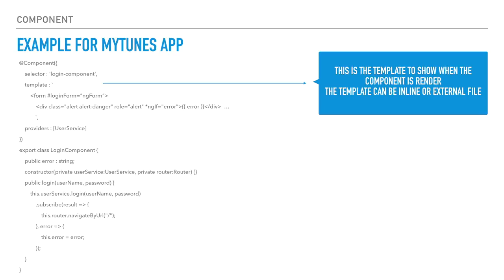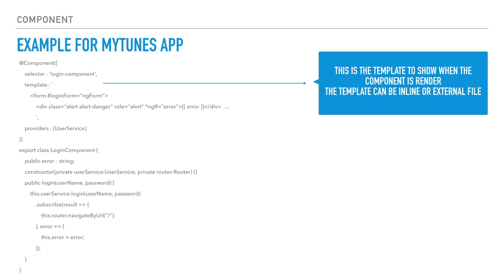So it's not needed to put the HTML inside our component. We can host it in an external file, and then Angular will be able to retrieve this template. During this course, we will put the template inside the component just for simplicity, but in a production application, probably it's better to host this outside, depending on the size of the template also.